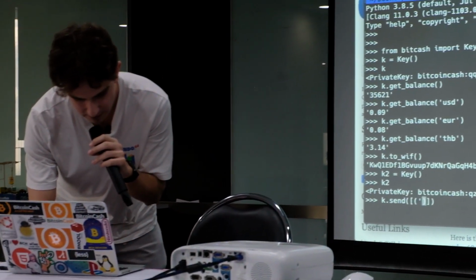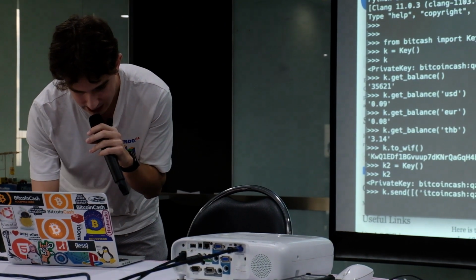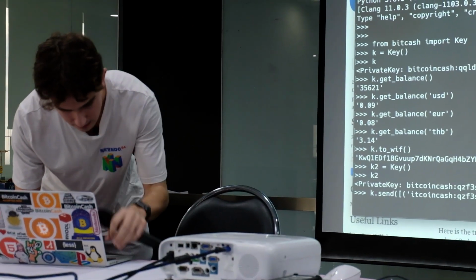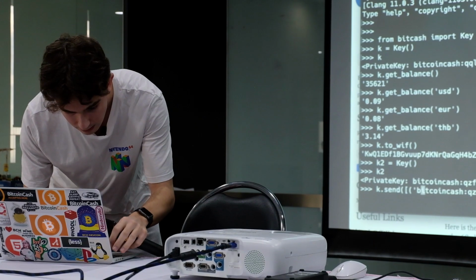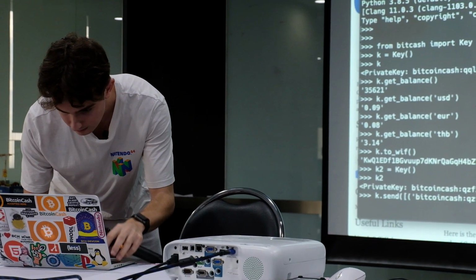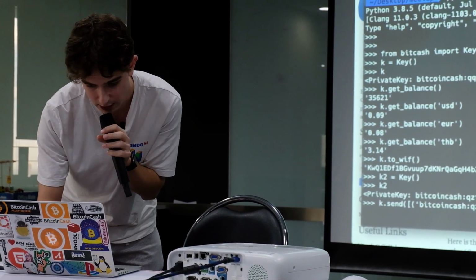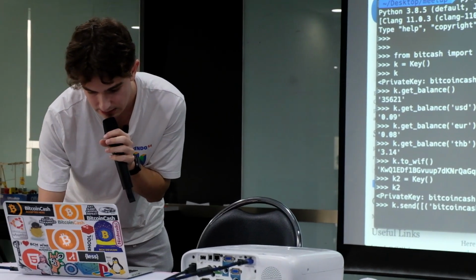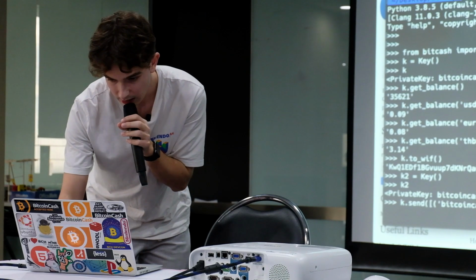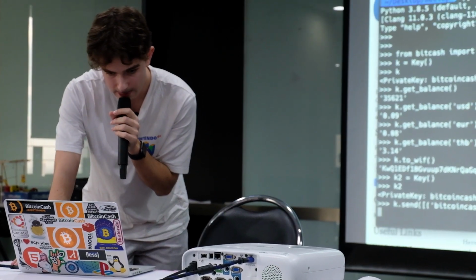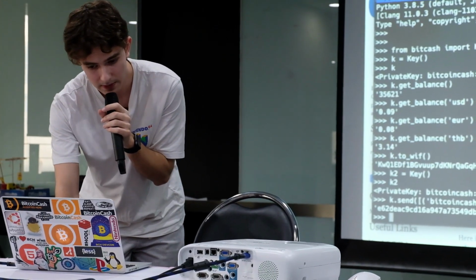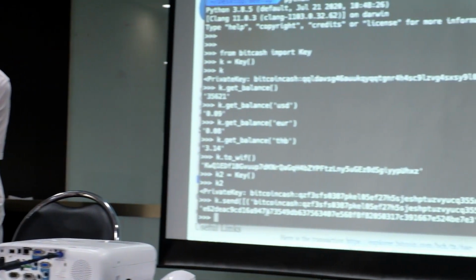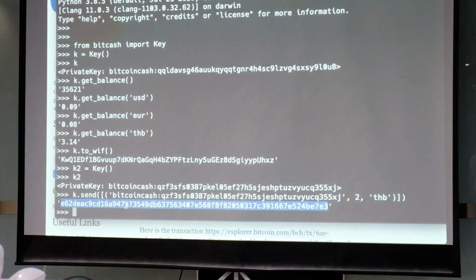And here you specify the address you want to send to, and I forgot a B. Then the amount, so say 2 baht, THB. And hopefully this goes through. So this is the transaction ID.